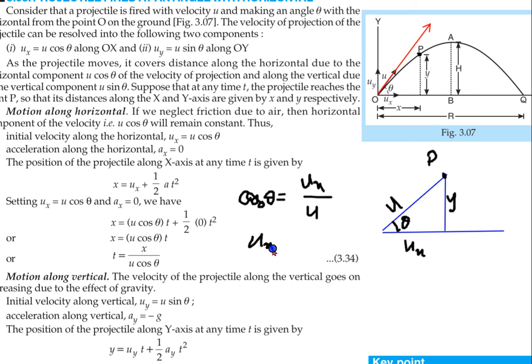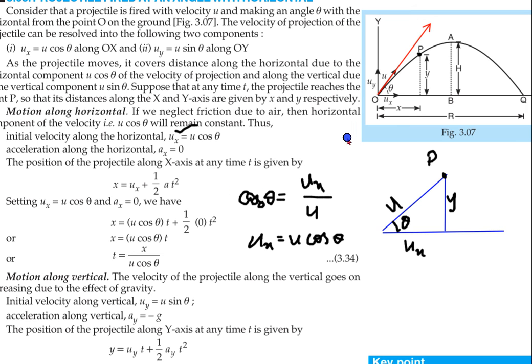So ux will be u cos theta. So the velocity along horizontal is u cos theta, which depends on theta, the angle between the initial path and the horizontal line.